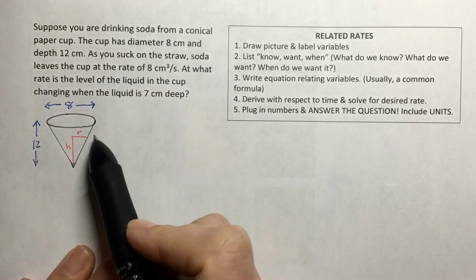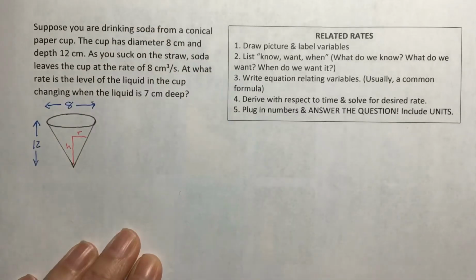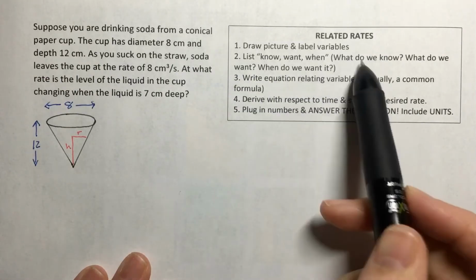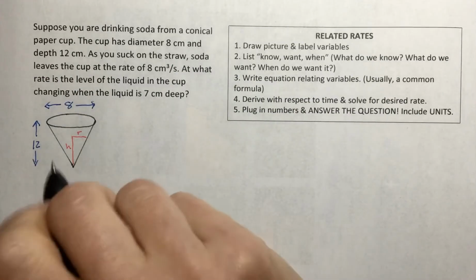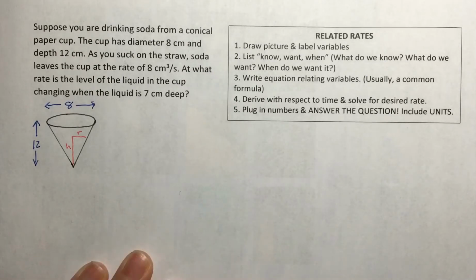So here's our drawing. I know I could put a 4 here also for that radius, but we have things drawn, we have variables labeled. I went to the radius just because that's usually what you're working with on a cone.